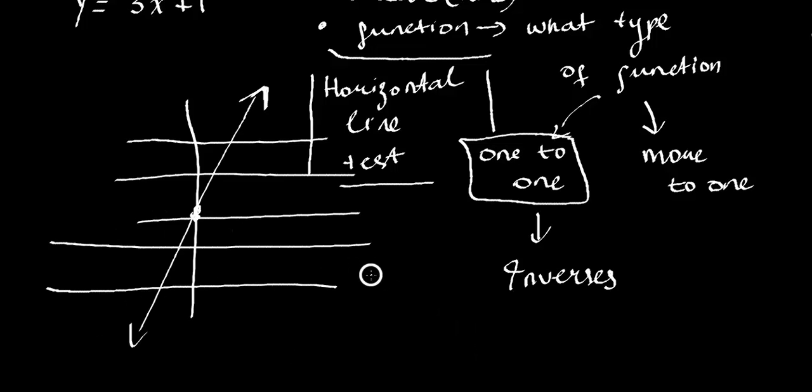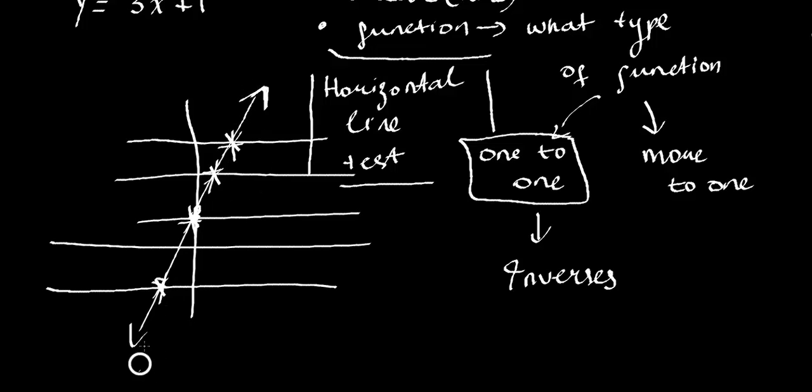And what do I achieve by this? What you now have to check is whether your horizontal line touches your function once or more than once. This line touches the function once, right there. This one touches our graph once, this one touches once, and this one touches once.